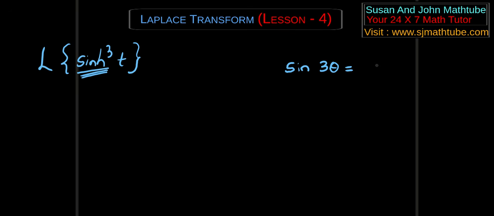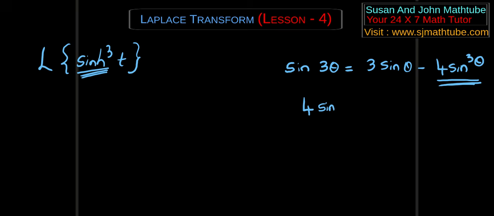And the formula is, I hope you remember the formula. What's the formula for sine 3 theta? Think about it. Okay, 3 sine theta minus 4 sine cube theta. Now look at this, we are interested in this. So I am going to take it to the left side.